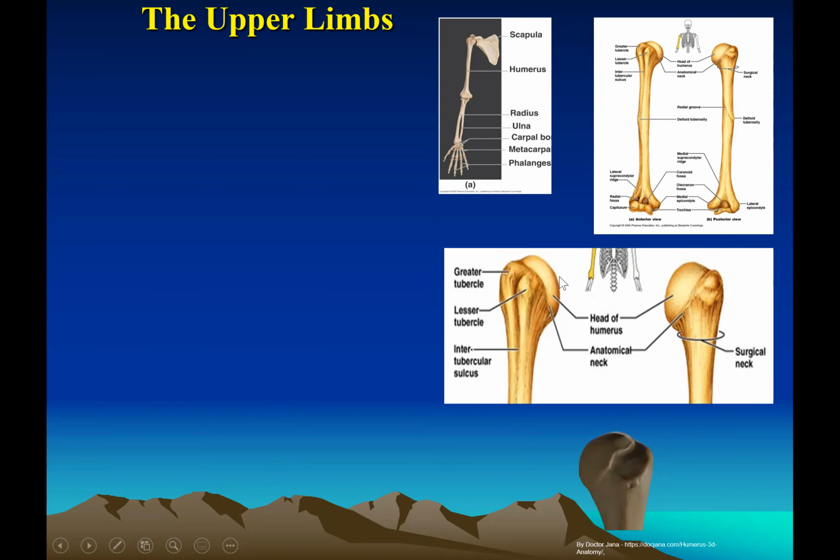The head is rounded, and it will have cartilage to form the ball and socket joint of your shoulder. Right underneath the head is the anatomical neck. This is the margin of the joint capsule. And then there is the surgical neck. It's called the surgical neck because this is the most common place for a bone fracture to happen, and surgeries are made here. This is the narrow part of the metaphyseal region.